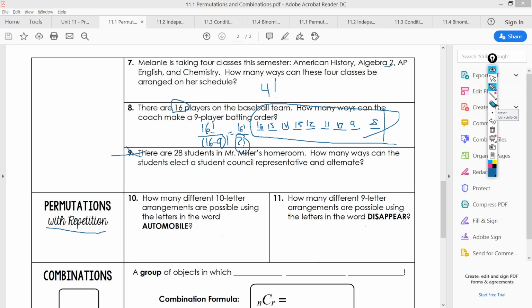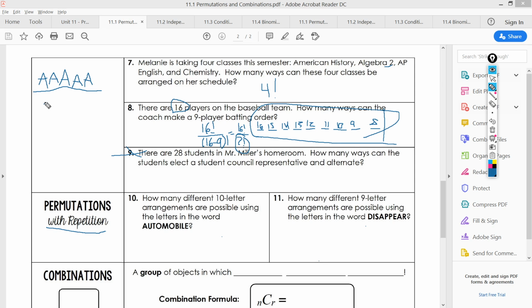What if I have 2 people who are the same? We're talking about how you can order things. Let's just say I have a word with repeated letters, and I want to know how many ways can I order this?